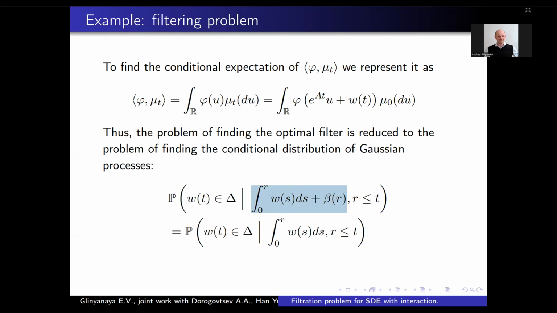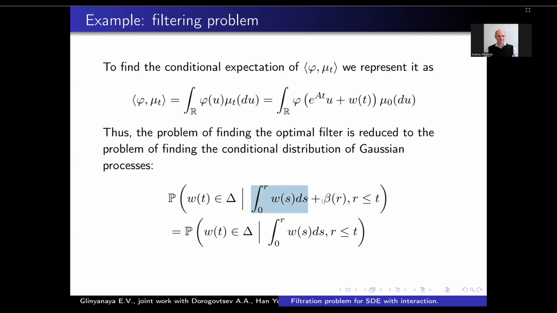Yeah. So is it true that the integral from 0 to r of W_s ds is a function of the sum, integral plus beta? Maybe yes. Maybe it's not true. This integral. So W and beta are independent. So when we consider just the condition on two Gaussian processes, this integral.